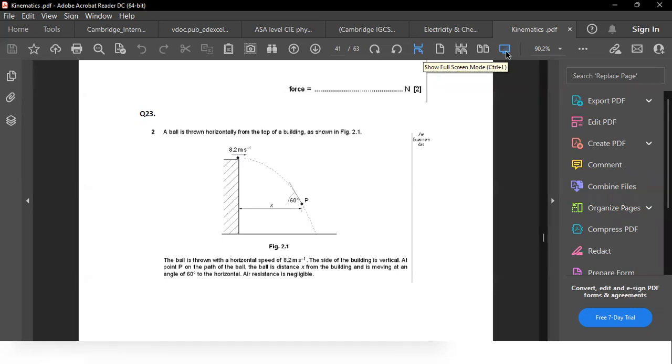Oh no, wait, never mind. So it's 10.3, right? The distance.